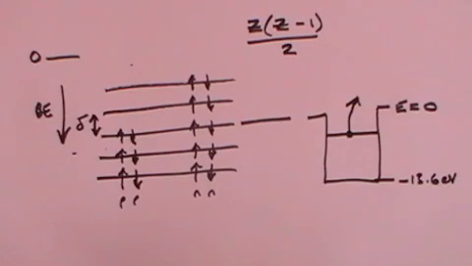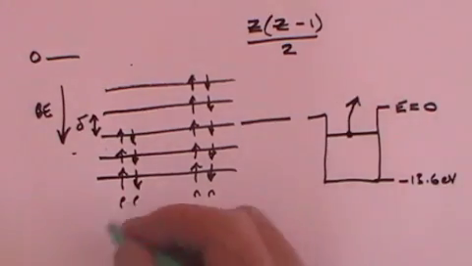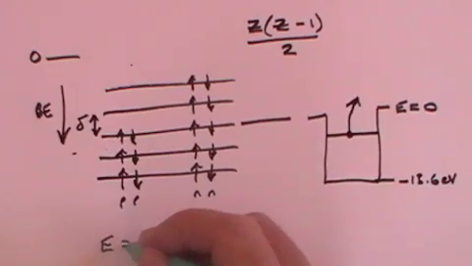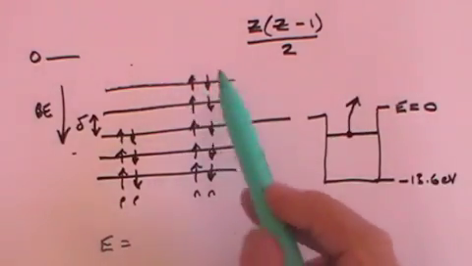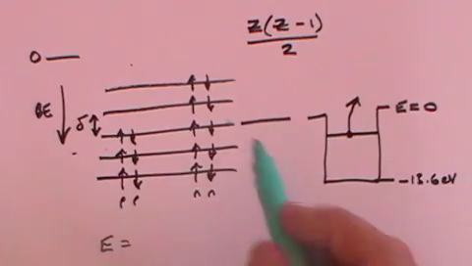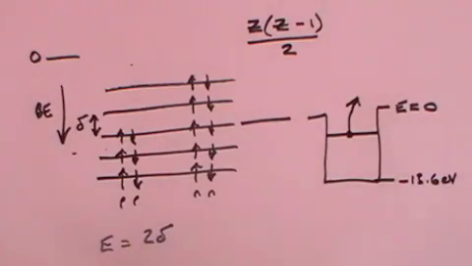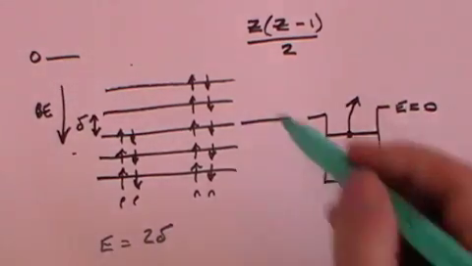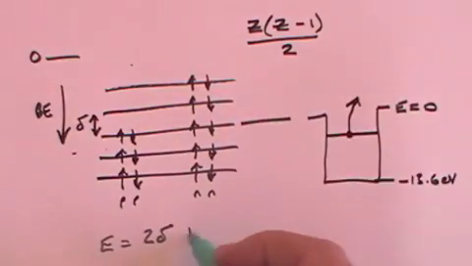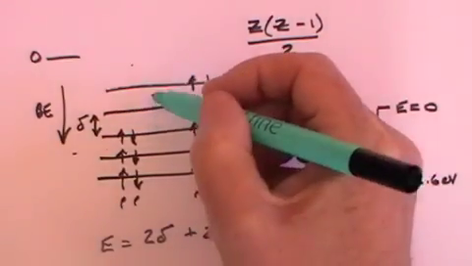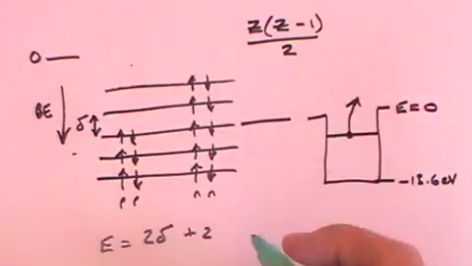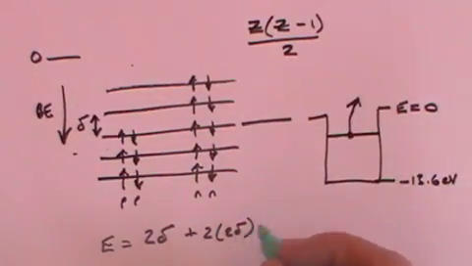Then what you're going to have is an energy excess caused by these neutrons, which is going to be 2 neutrons which are delta higher, so that's 2 times delta, plus another 2 neutrons which are now 2 delta higher because they're 2 levels above, so that's 2 into 2 delta.